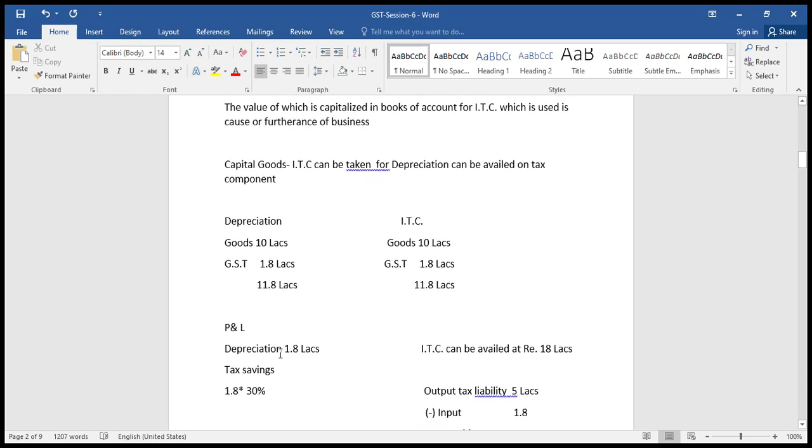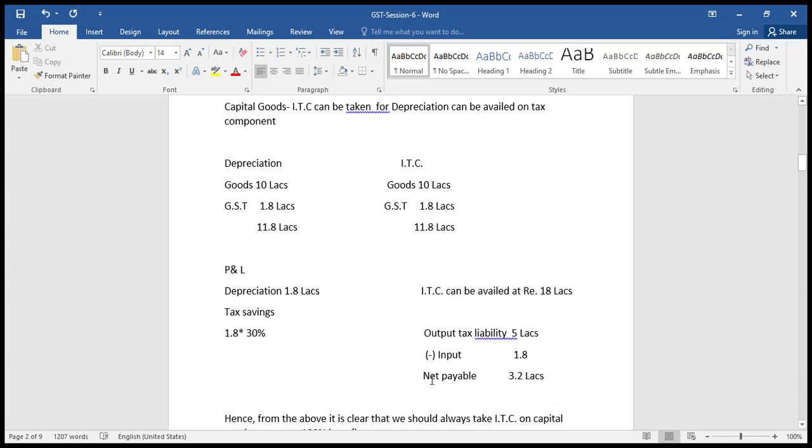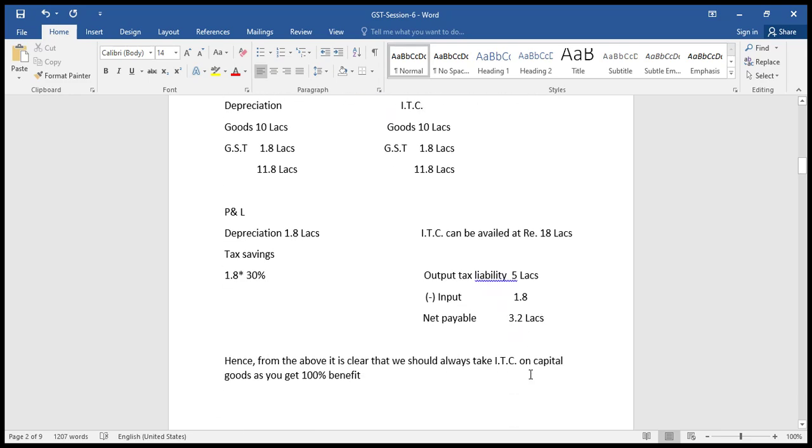In the P&L, if depreciation on 1.8 lakhs is taken, then the tax saving is 1.8 lakhs at the rate of 30%. But if ITC is availed on 1.8 lakhs, with output tax liability of 5 lakhs and input tax credit of 1.8 lakhs, net payable is 3.2 lakhs.